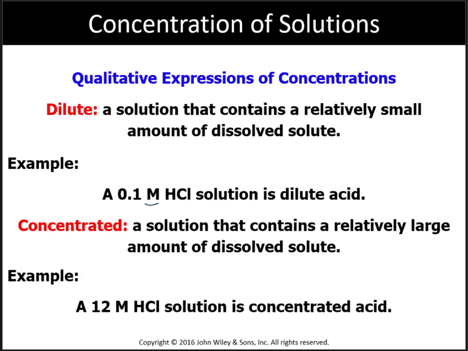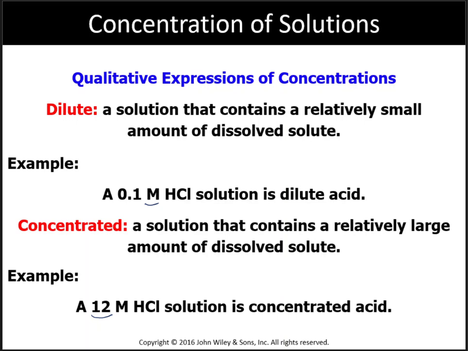But if I say a 12 molar hydrochloric acid, then this 12 molar hydrochloric acid is a concentrated hydrochloric acid solution. So if I'm comparing these two, a 0.1 molar is a dilute solution, and the 12 molar hydrochloric acid is a concentrated solution.